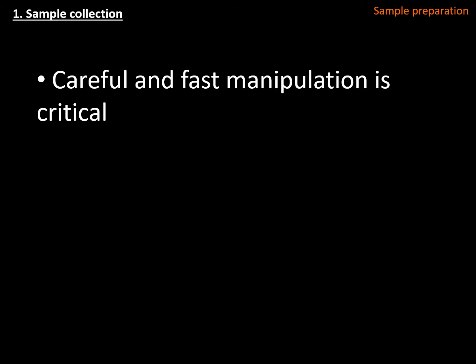imaging. In sample collection, it is very important to be careful and fast in the manipulations that you are carrying out. This is especially important when you are dissecting tissues from animals because the processes that you are interested in observing and studying might be prone to changes if you take too long to collect the tissues.